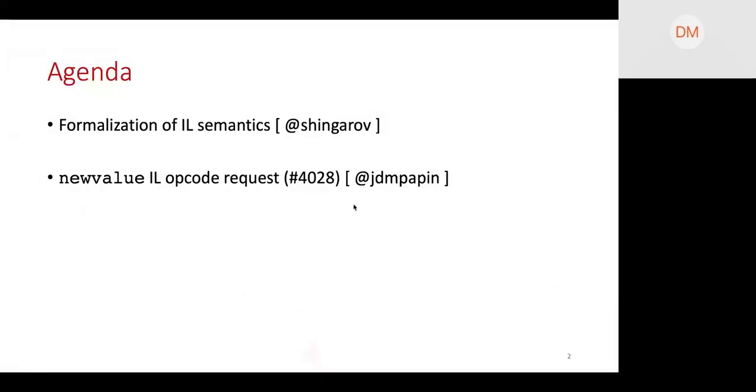So if you want to see more detail, the issue that I've opened for this is linked from the meeting agenda. The idea here is that it would be handy to have a new opcode that both allocates and initializes immutable objects as one step.